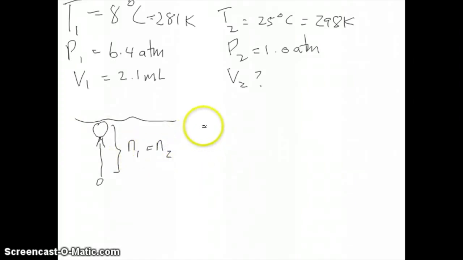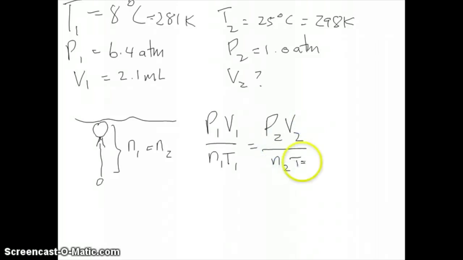So then if you were to write out your ideal gas equation, remember that PV over NT equals R, and that has to equal P2 V2 over N2 T2, and all of these has to equal your gas constant. I just said that N1 and N2 are equal to each other. That means that they will cancel out. So then we're left with just P1 V1 over T1 equals P2 V2 over T2.